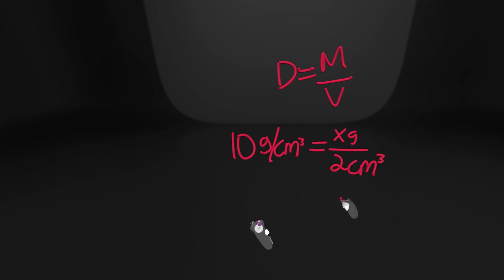And this equation can also be used to find the volume similarly. So let's just say that we have 2 grams and x centimeters cubed for the volume. Now the way we're going to find this is simply we're going to swap the x centimeters cubed and the 10. So they're going to swap places like so.